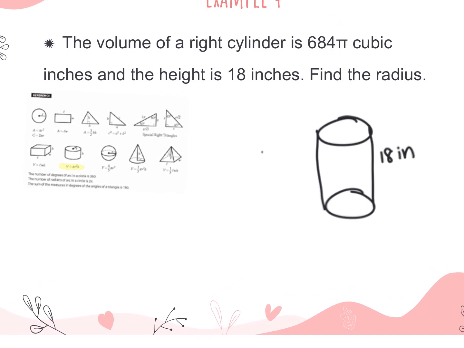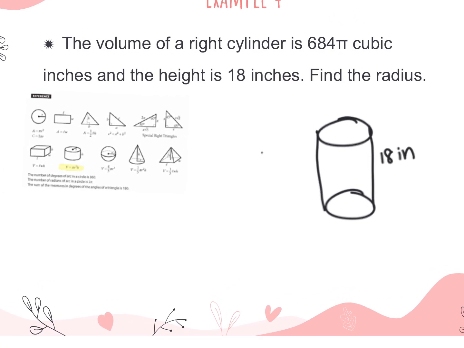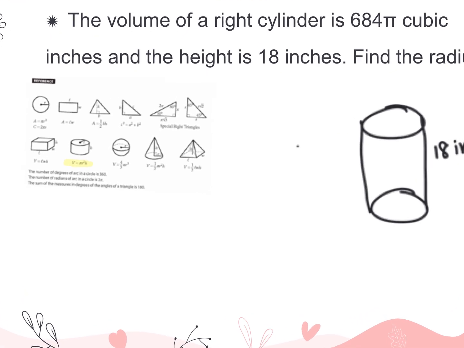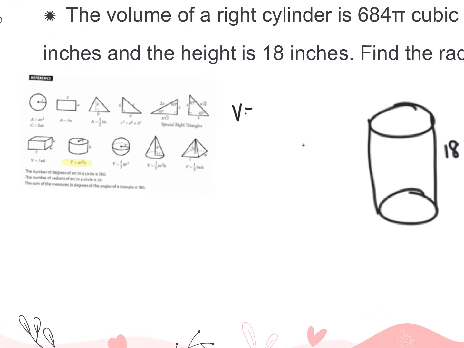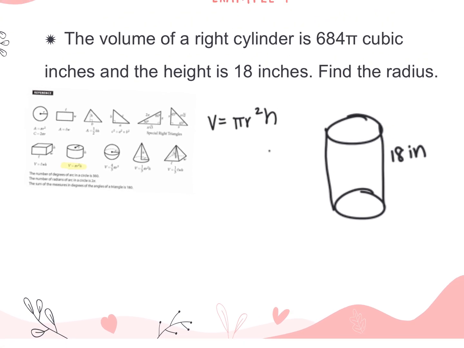So they're giving me the volume. So how am I setting this one up? Just writing out my formula. Volume equals pi r squared times my height. They gave me my total volume, which is right here. So setting it up that way, I'm going to have 684 pi equals pi times my radius squared, which I'm trying to solve for, times my height, 18.